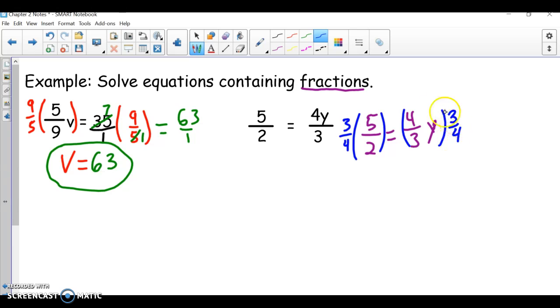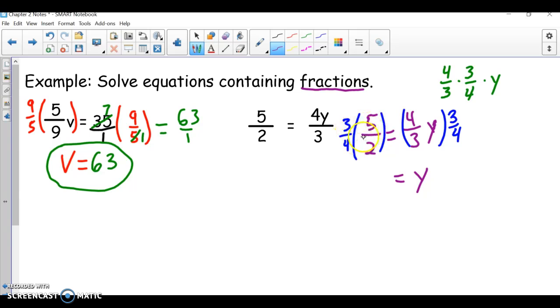So what's really happening on this right side looks like this. You've got 4/3, and I'm going to use the commutative property, and I'm going to switch these times 3/4 times y. And you know that 4/3 times 3/4, that's reciprocals. That would give you 1y. So that is how we isolate the variable or get y by itself.